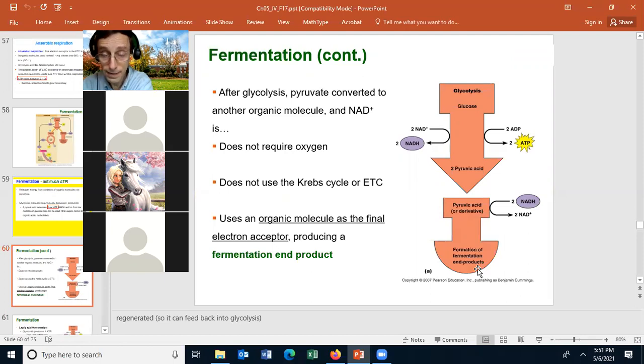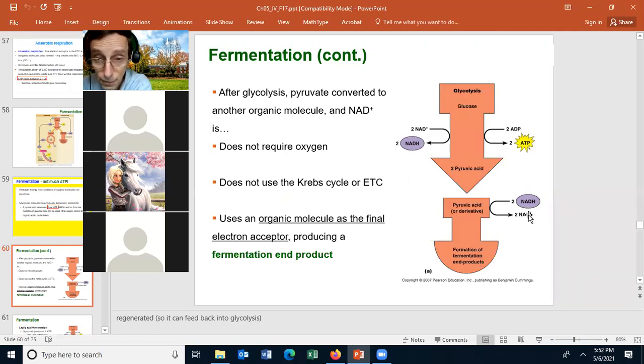For lactic acid fermentation, pyruvic acid is converted into lactic acid. Fermentation uses the NADH created by glycolysis and then converts it to NAD+.